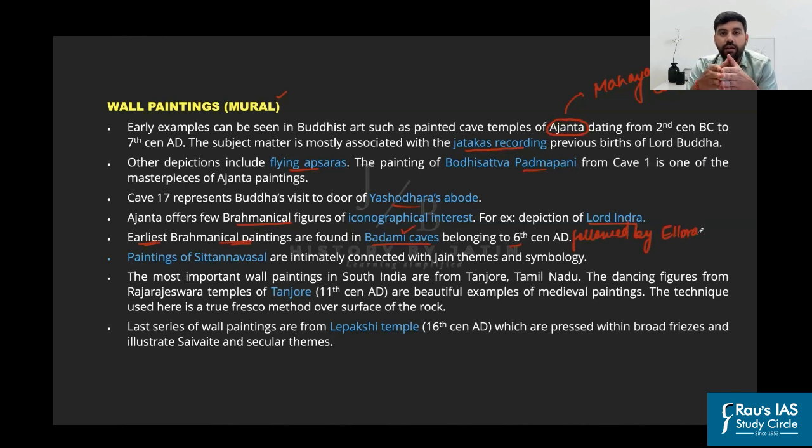Ellora and Badami both are Hindu caves. Ellora has some difference. It also has Buddhist and Jain elements. Badami does not. Then we have Sittanavasal caves, but there is a slight difference. This is Jain paintings. Then coming again to Hindu, we have Tanjore and Lepakshi temple paintings. They also show the cases from there.